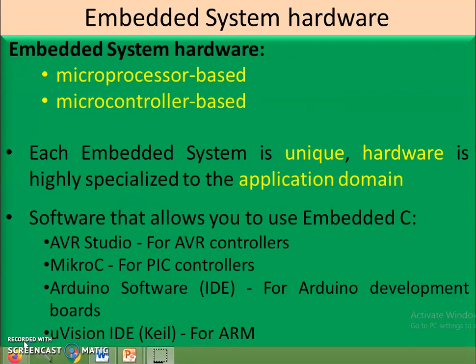Next topic is embedded system hardware. Embedded system hardware can be microprocessor based or microcontroller based. In either case, an integrated circuit is at the heart of the product, generally designed to carry out computation for real-time operation.